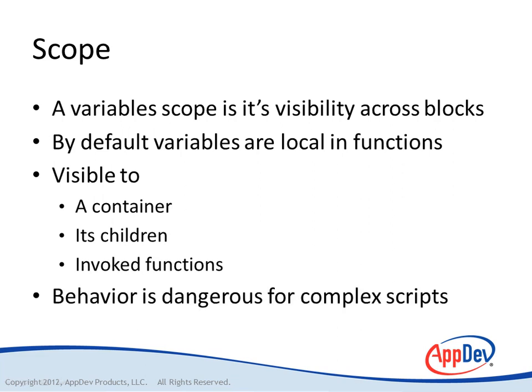And this behavior is very dangerous for complex scripts. In order for you to really understand what I'm talking about, it's much easier to take a look at some sample code. So let's jump over to our PowerShell machine and let me demonstrate exactly what I'm talking about.